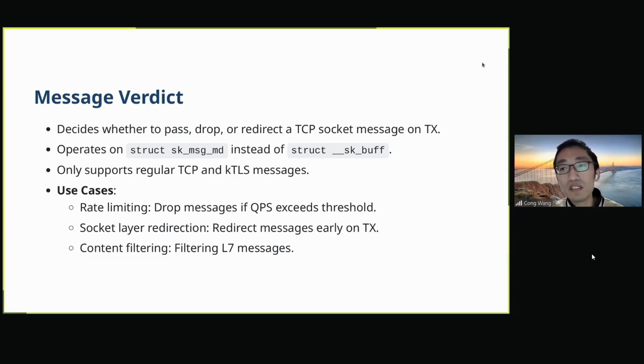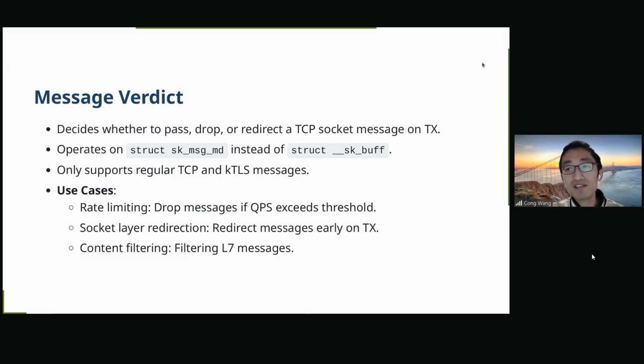This program could support two kinds of scenario. One is regular TCP, the other is TLS within the Linux kernel, which is still on top of TCP. The most common use case for this one is that, because it's very early and very high level on the TCP socket layer, we could do socket layer redirection, because other eBPF socket map programs apply to different locations.